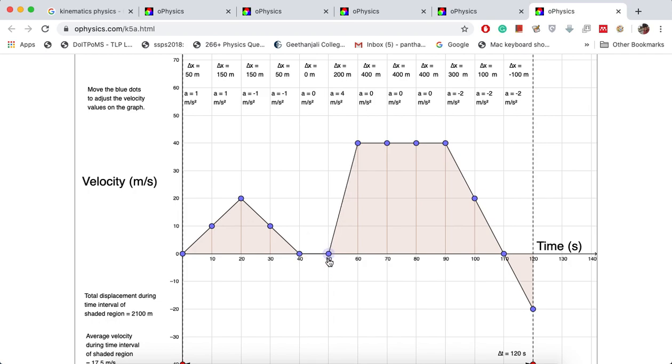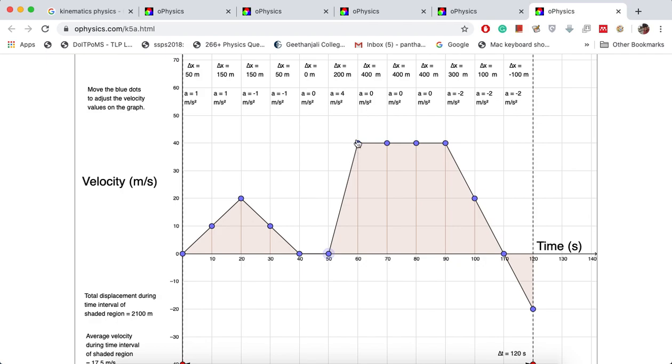For example, I kept it here: for the next 10 seconds the velocity is 0, which means the object is at rest, it has not moved anywhere, so the acceleration is 0 and the distance covered is also 0.